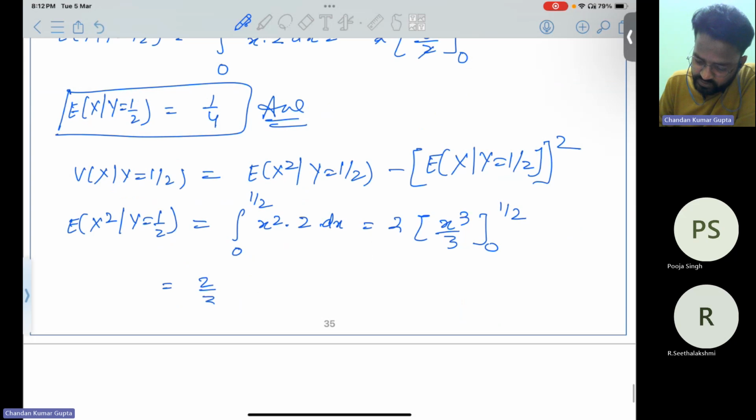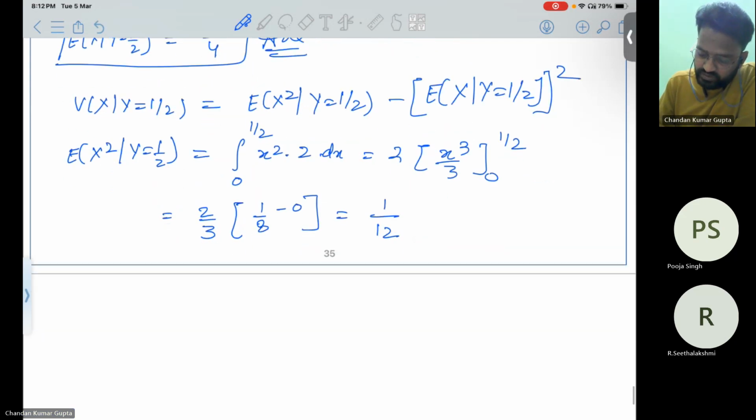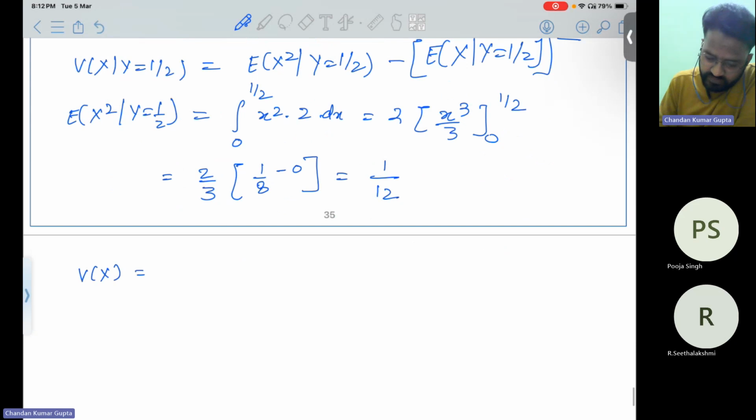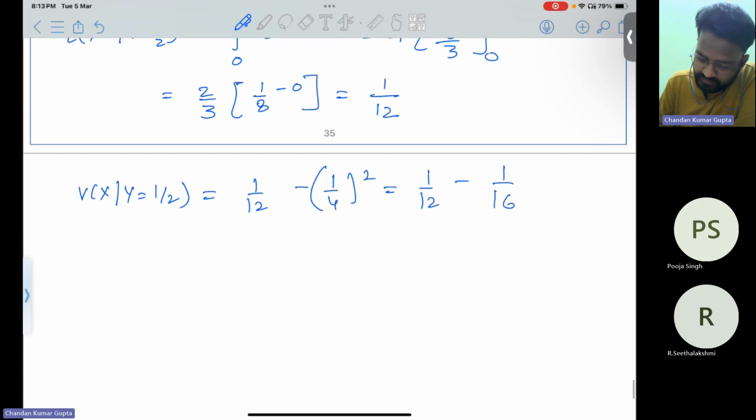This comes out to be 2 by 3 times 1 by 8 minus 0, which is 1 upon 12. So the variance of x given y equal to half is 1 by 12 minus 1 by 4 square, which is 1 by 12 minus 1 by 16, which is 4 minus 3 over 48, equal to 1 by 48.